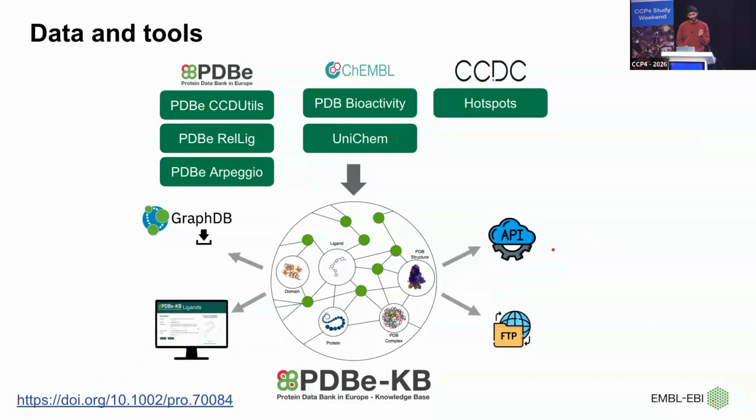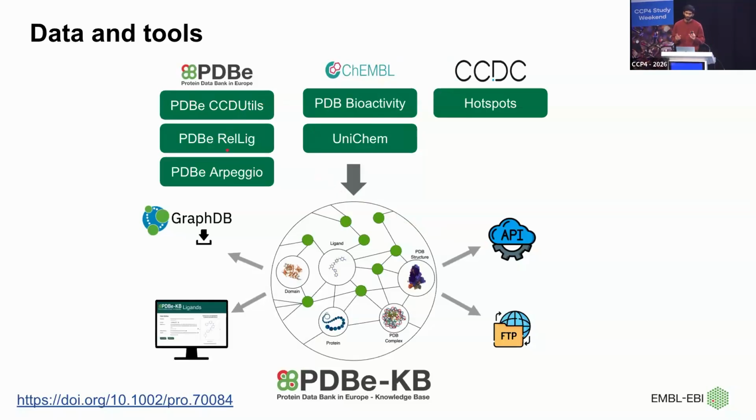All the data fetching is done through the API. All the data fetched on the website, you can also fetch using the APIs. If you are interested in multiple ligands, you can use these APIs to call and fetch the data. For the ligand analysis, we use the tools I mentioned, PDB CCD utils and PDB Relic. This is also an open source package.